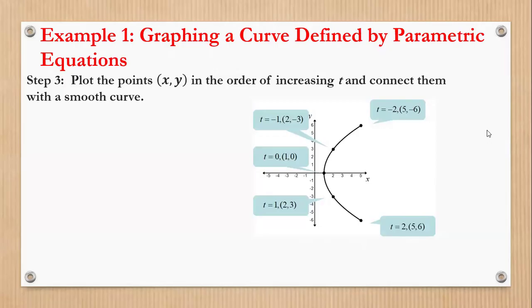If you can see the graph in this picture as well. But don't forget to show the direction. Always for parametric equations, we show the direction by just putting an arrow based on the direction of the points.